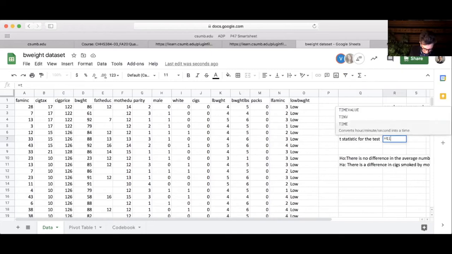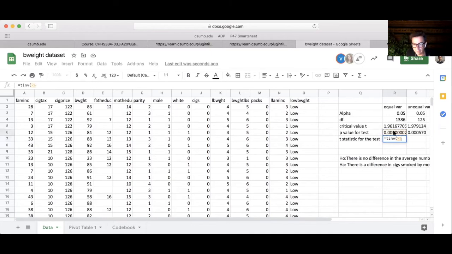Using this t-inverse, we can say, hey, for that probability and these degrees of freedom, what was that t-value? It was a 5.4, right? Okay, that's pretty high.